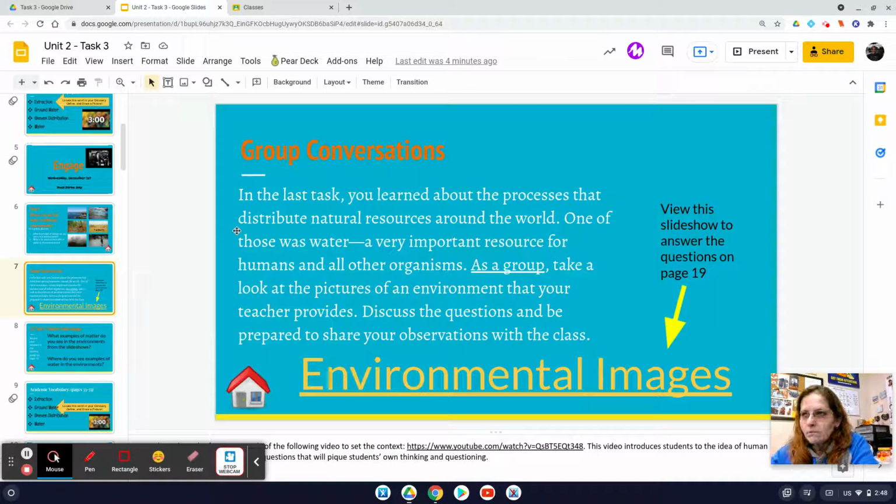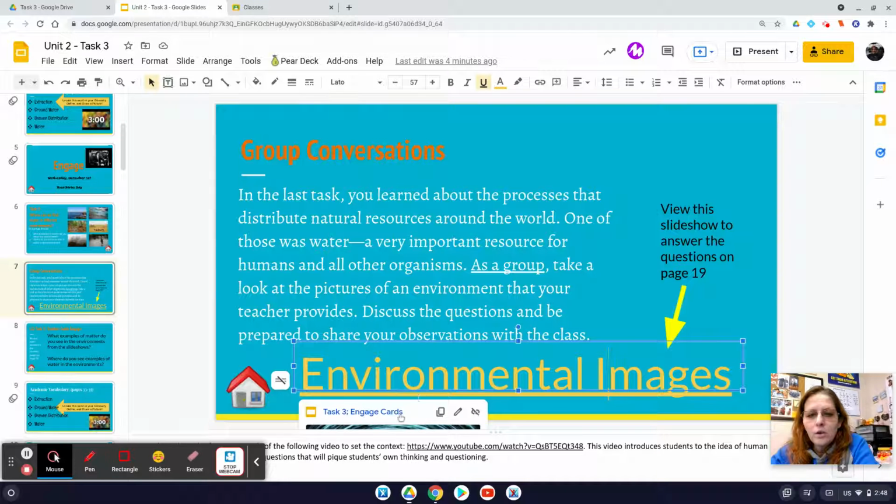As a whole class, or a small group, again, depending on what the guest teacher decides, you're going to take a look at the pictures and discuss the questions. Your discussion answers are going to go on page 19. These are going to be your evidence. Okay, everything we do is evidence. Everything we do goes back to what did you learn from those?